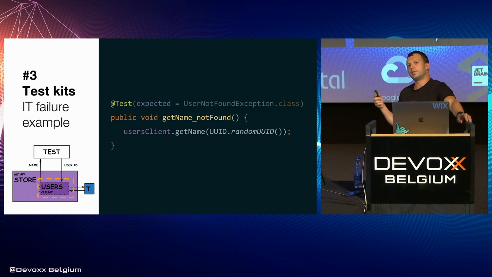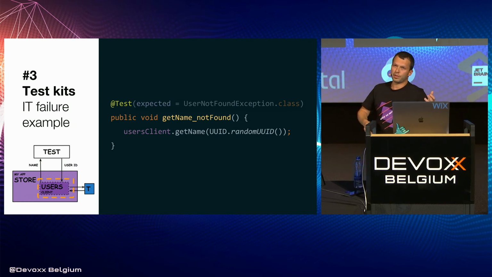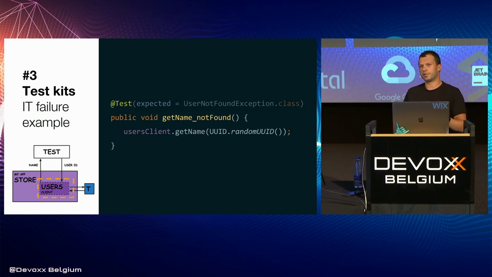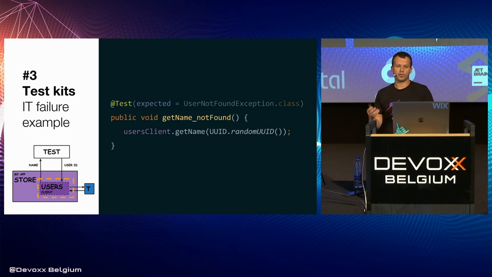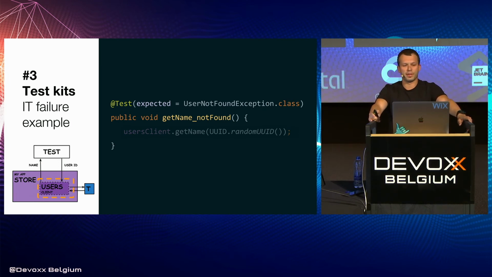Now, we don't even need to set it up to say given user not found, because the test kit knows how to behave when a request comes with a user that's not set up. It knows that if there is no such user set up, it needs to return user not found. So it's even easier. And then we test that we expect the user not found exception.